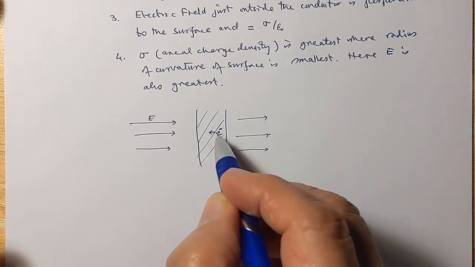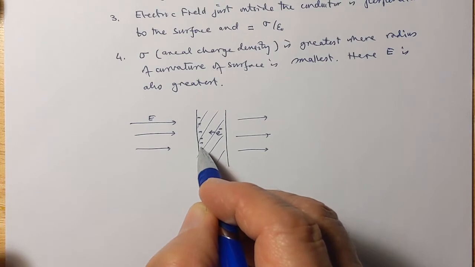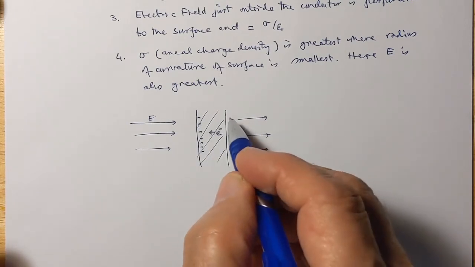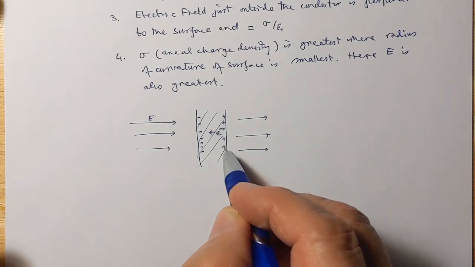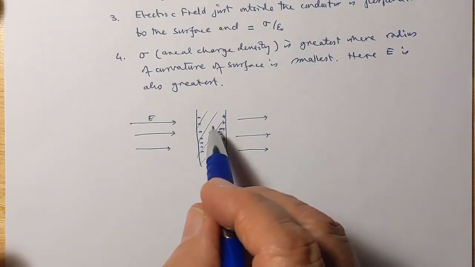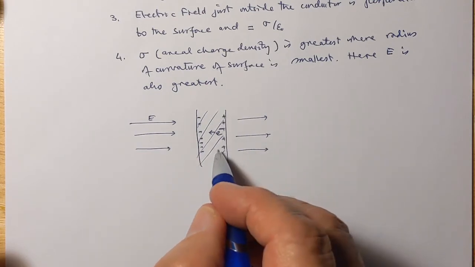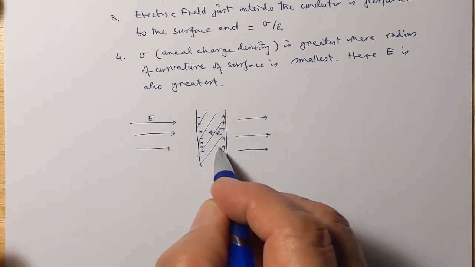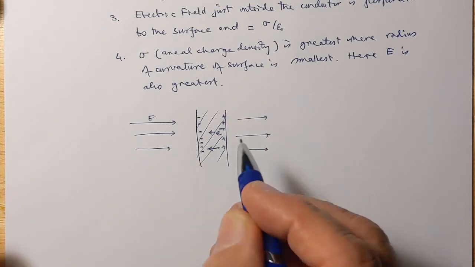They will start collecting on the left face, and the other face will start becoming positively charged. So this becomes negative, this becomes positive, and because of this charge there will be an internal electric field from positive to negative.